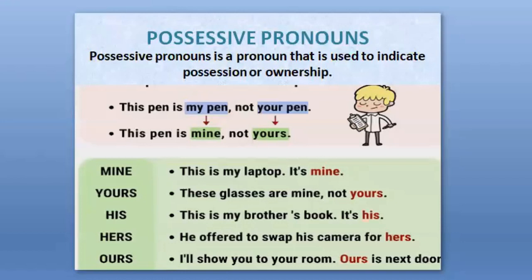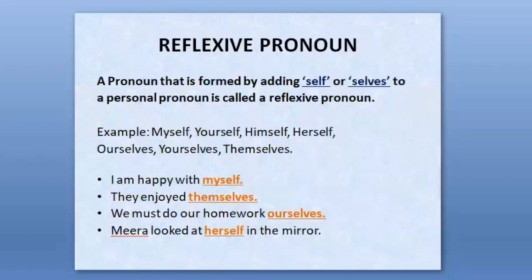Now, quickly we are going to see the last, fourth pronoun, that is the reflexive pronoun. Now children, a reflexive pronoun is a pronoun that is formed by adding self or selves.